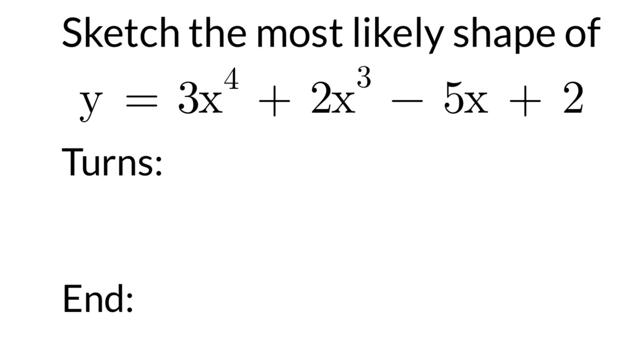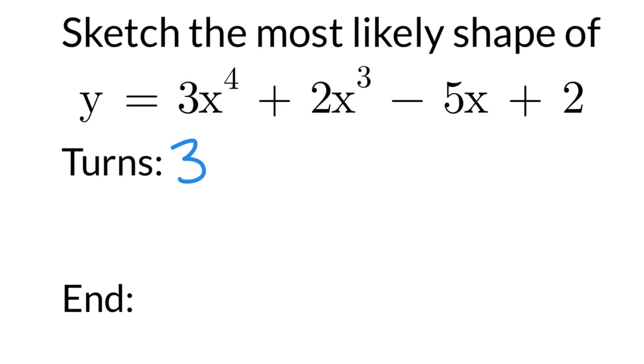So if we have a polynomial like y equals 3x to the 4th plus 2x to the 3rd minus 5x plus 2, remember our degree, our 4th degree polynomial, means that it's going to turn 3 times. And our leading coefficient is 3, which is positive.